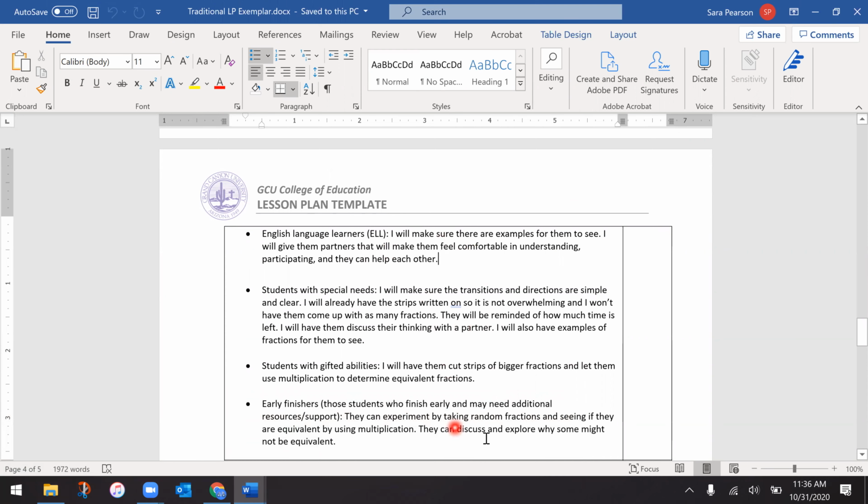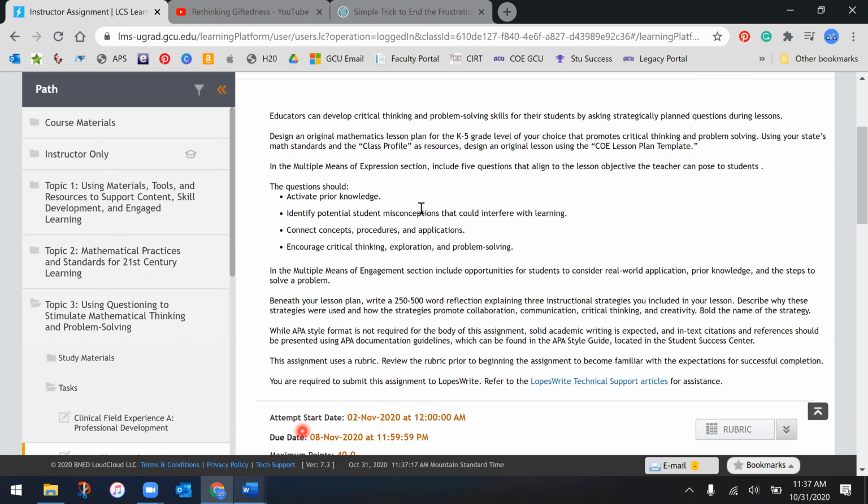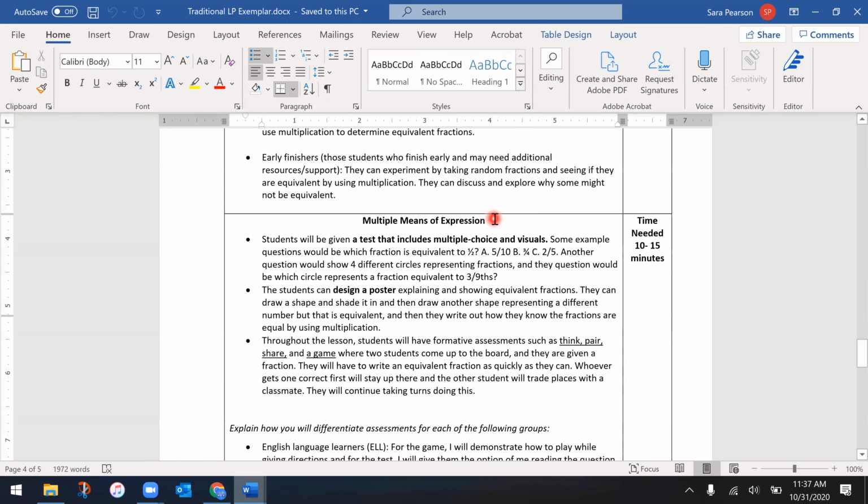In the multiple means of expression section, this is where you're going to put those questions, the 5 questions as the assignment says. Those are questions that are related to prior knowledge, potential student misconceptions, connecting concepts, and encouraging critical thinking. In our multiple means of expression section, this is how we are assessing learning.